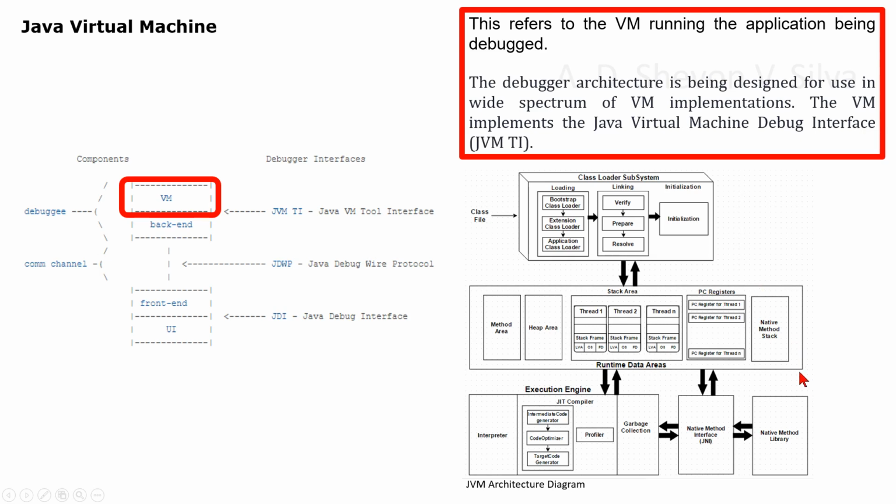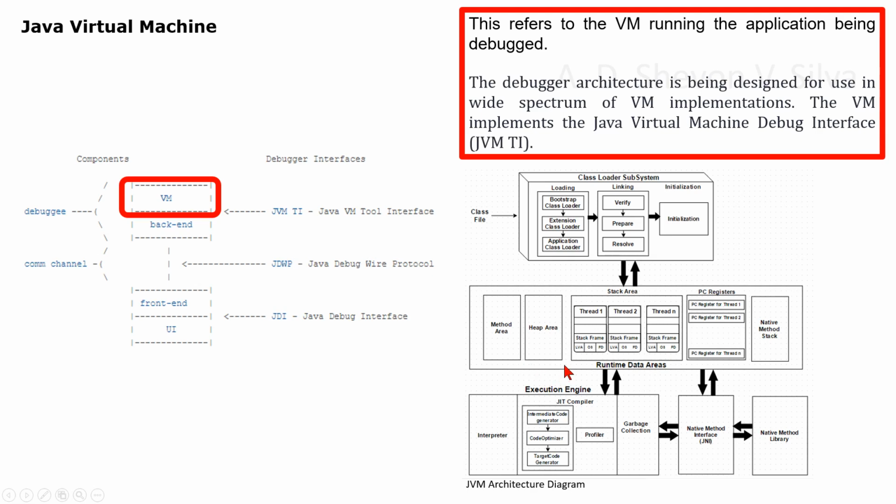Runtime data area. The runtime data area is divided into 5 major components. Method area: all the class level data will be stored here, including static variables. There is only one method area per JVM, and it is a shared resource.